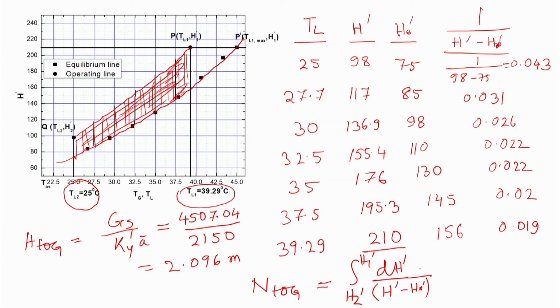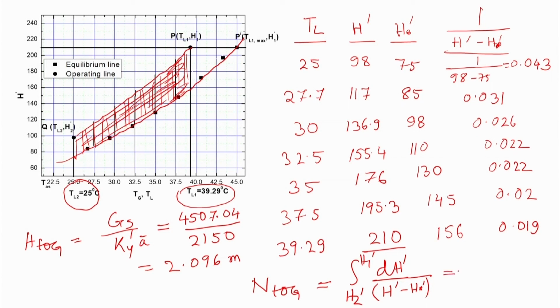In the case of the humidification column, the denominator was H star prime minus H prime, because the operating line was below the equilibrium line, so the difference of equilibrium enthalpy and the actual enthalpy was positive. But in this case, as the operating line is above the equilibrium line, the actual enthalpy minus equilibrium enthalpy gives the positive value.